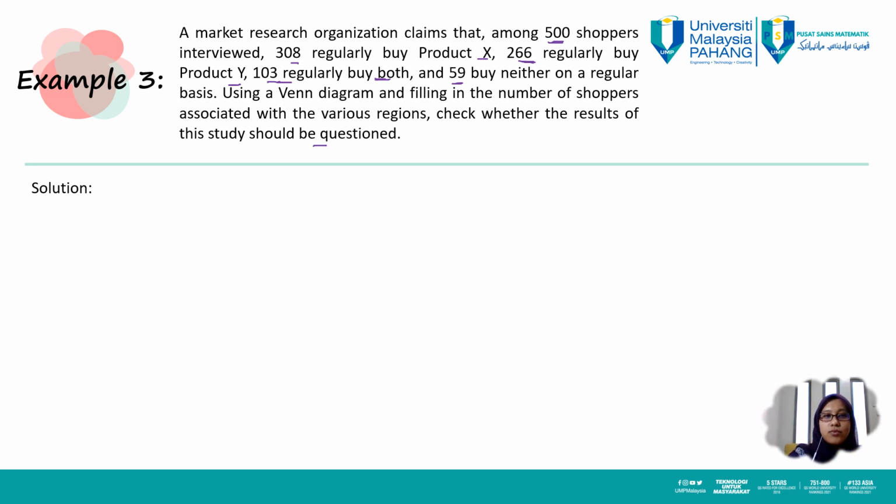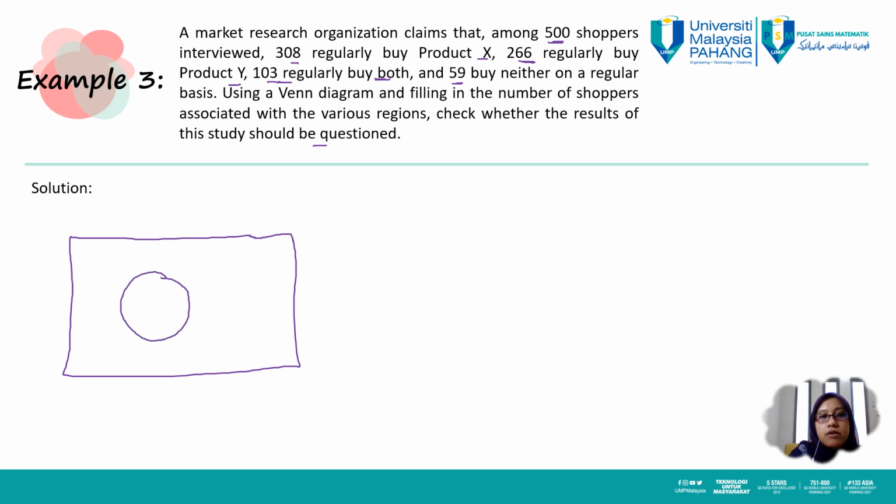So now we are going to draw a Venn diagram. So here, this is our Venn diagram. And then we have event X and event Y here. So this is for X and this is for Y. Okay, we have 103 that buy both.